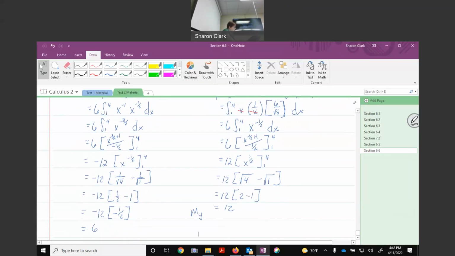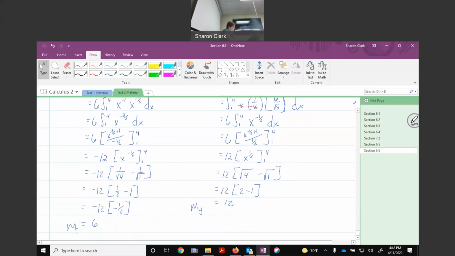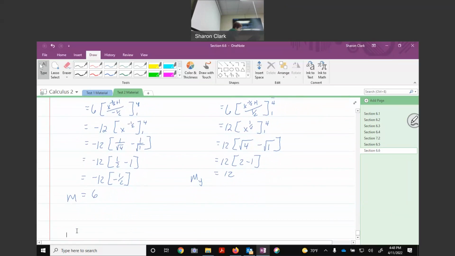My equals 12, M equals 6. So x bar equals My over M, which is 12 over 6, which is 2. So 2 comma 0. All right, there you go.